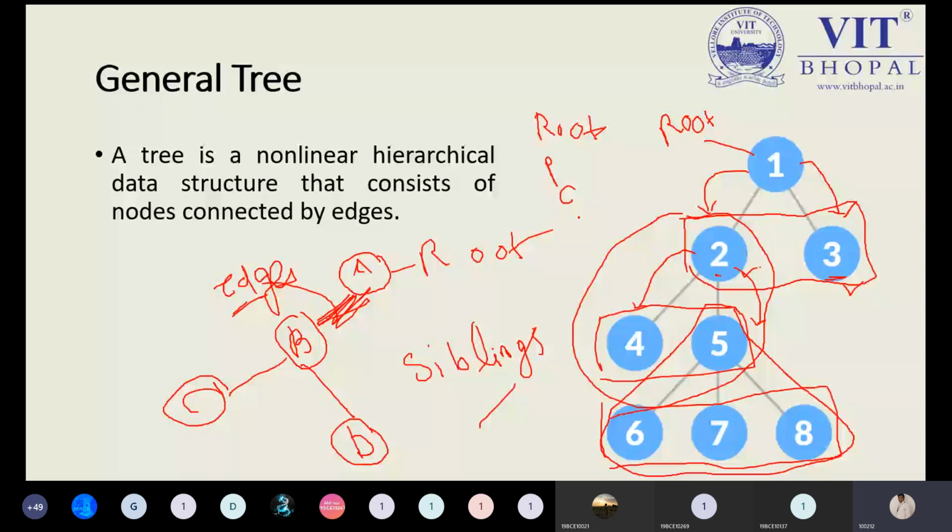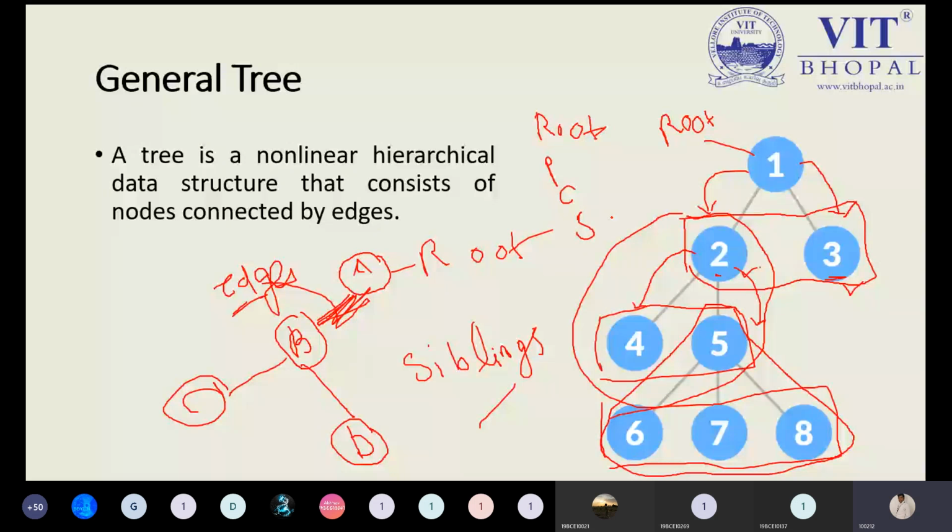So we can have four kinds of nodes in a single tree: the root node, parent node, child node if there is only one node, and sibling nodes where we have multiple siblings.